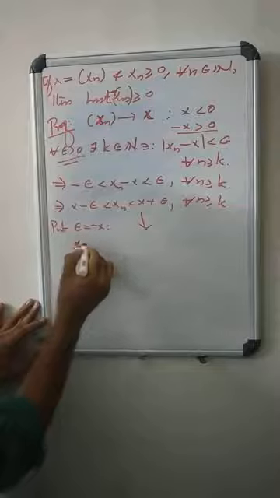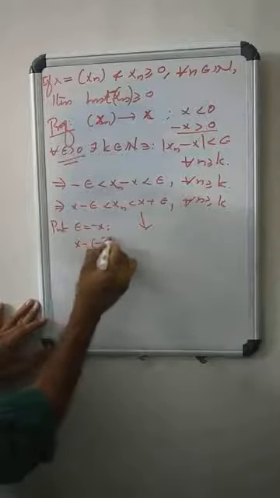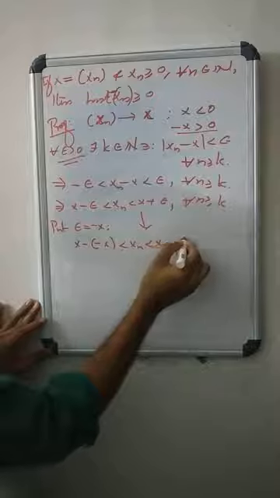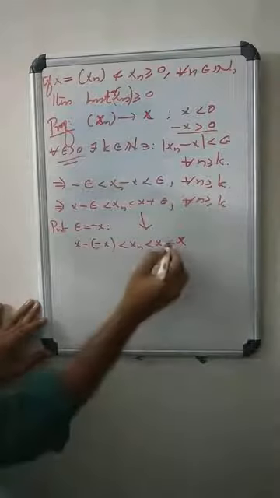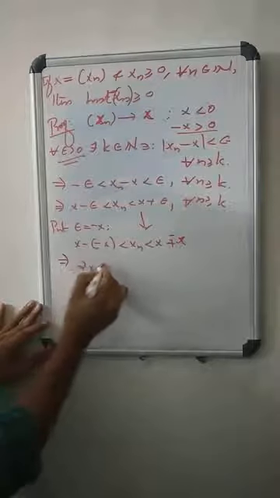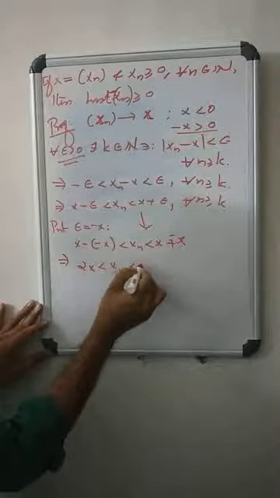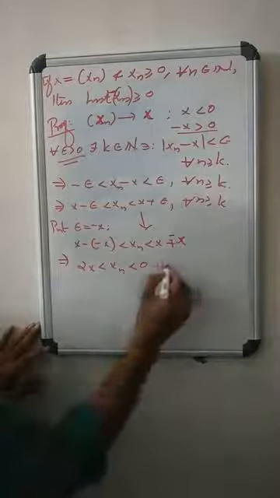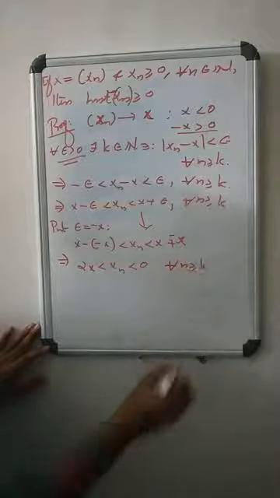The above argument gives -x < xn < x - x, that means 2x < xn < 0 for all n greater than or equal to k.